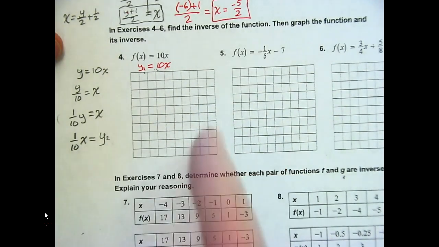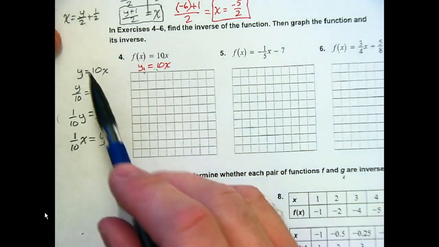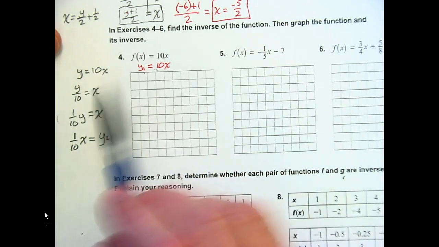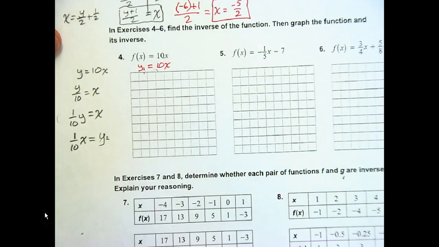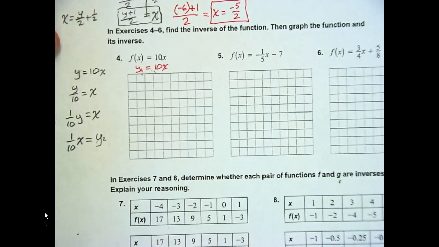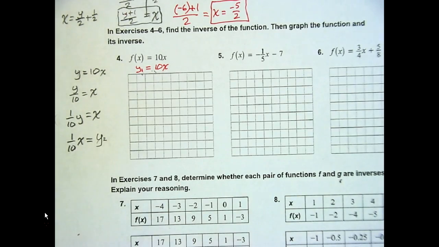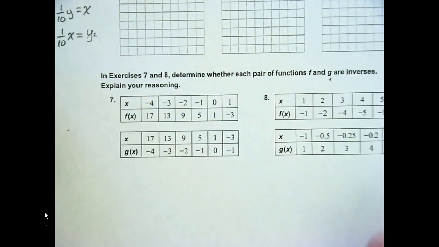The textbook, this textbook that you're using right now, goes this route. It solves for x, and then it switches them. Okay? How many think you got that? Okay, last piece. And then, by the way, you graph it. I'm assuming you can graph them.